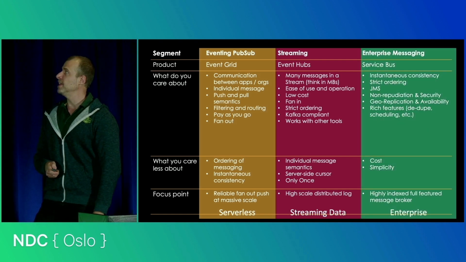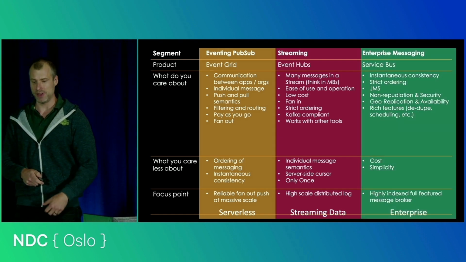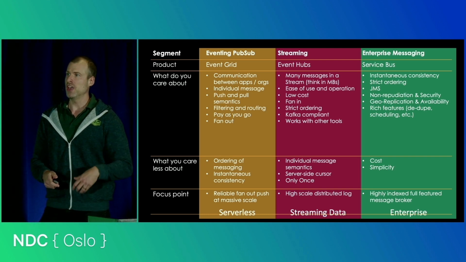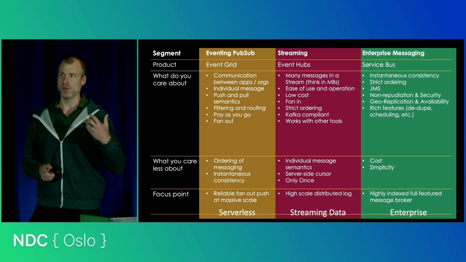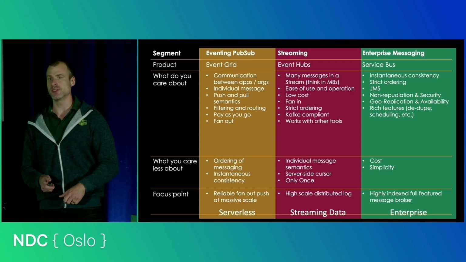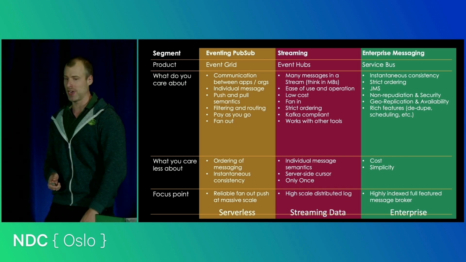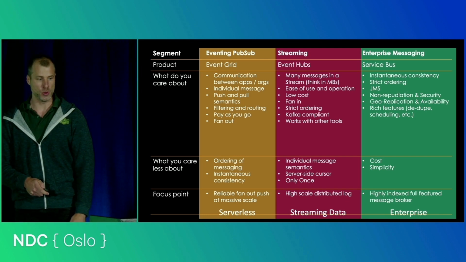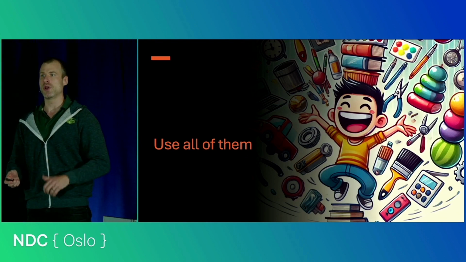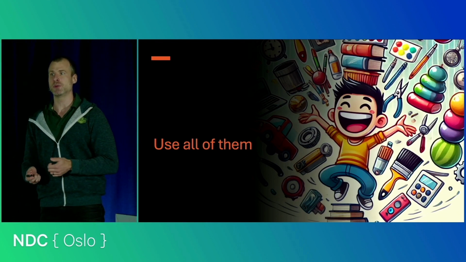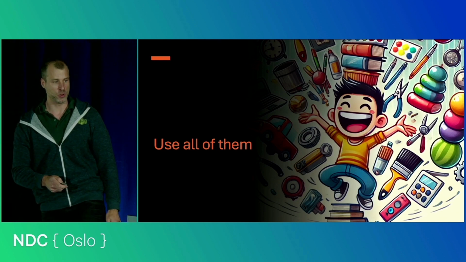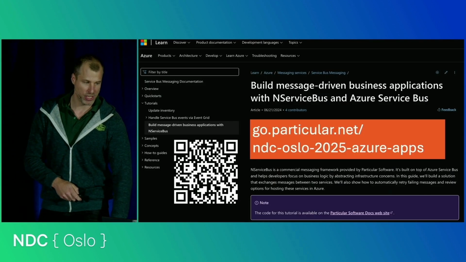And eventually, enterprise messaging, when you have large-scale distributed systems where you want rich filtering capabilities, transaction support, strict ordering, scheduling, and many more things, then Azure Service Bus is the right service to use for you. And really combine them all together, because I think I showed you, right? Every service has its strength, and especially with Event Grid, you can also mesh them together in really good ways. Yeah, that's pretty much it from my end.